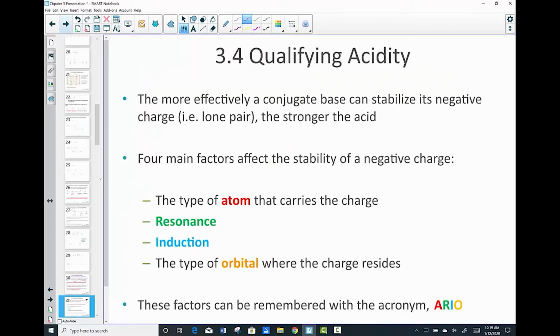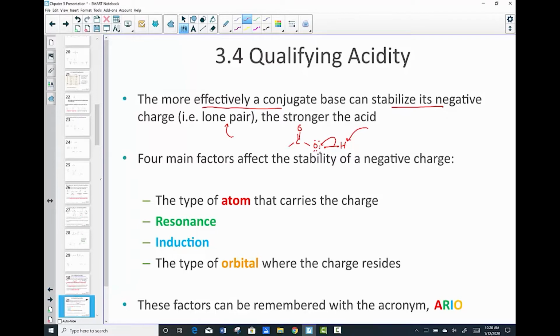And in order to stabilize the negative charge on the conjugate base, we look at four main factors. The effectiveness of a conjugate base's ability to stabilize its negative charge, that's the lone pair of electrons. Remember, in that acetic acid example, what used to be a bond between the oxygen and hydrogen, if the proton is removed, this bond collapses and we form a lone pair.